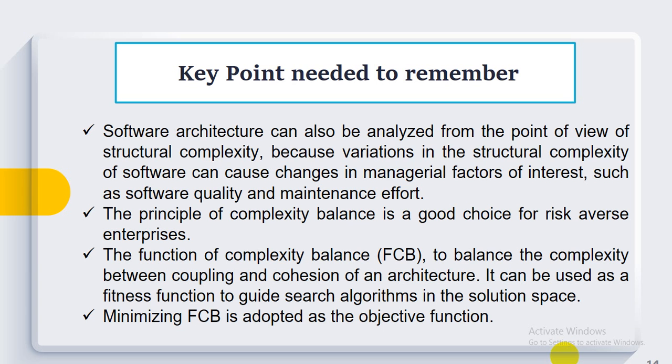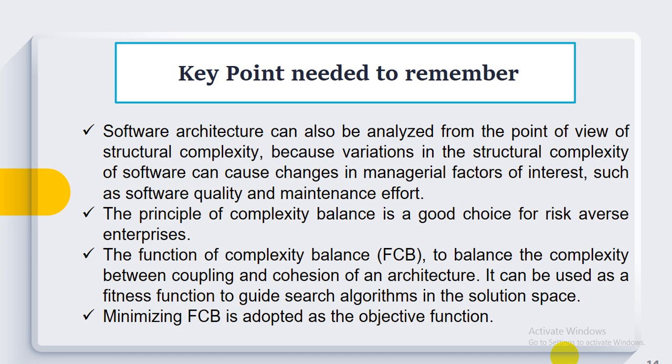Here are some key points to remember. Software architecture needs to be analyzed from the point of view of structural complexity, because variation in the structural complexity of software can cause changes in managerial factors of interest, such as software architecture quality and maintenance approach.